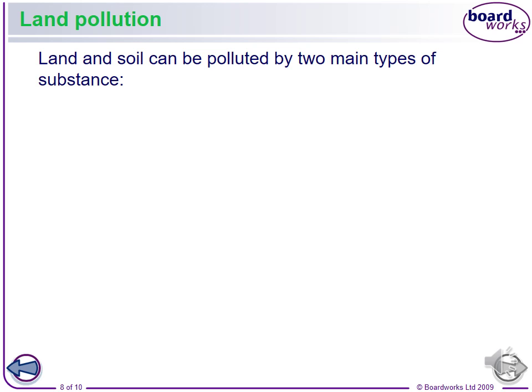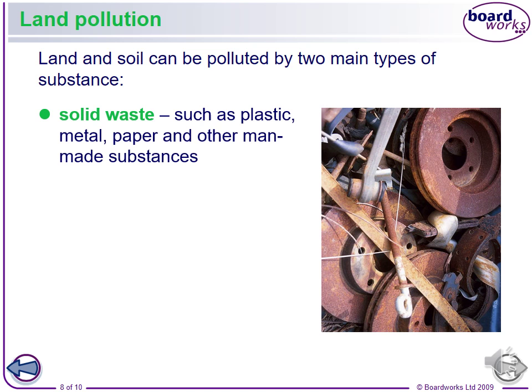Now, the land and soil can be polluted by two main substances. We've touched on it in the last slide. Solid waste: plastic, metal, paper, man-made substances. Although now they have invented plastic rings that cover the cans of soda, when you buy a 6-pack or 10-pack, they're actually making those biodegradable.